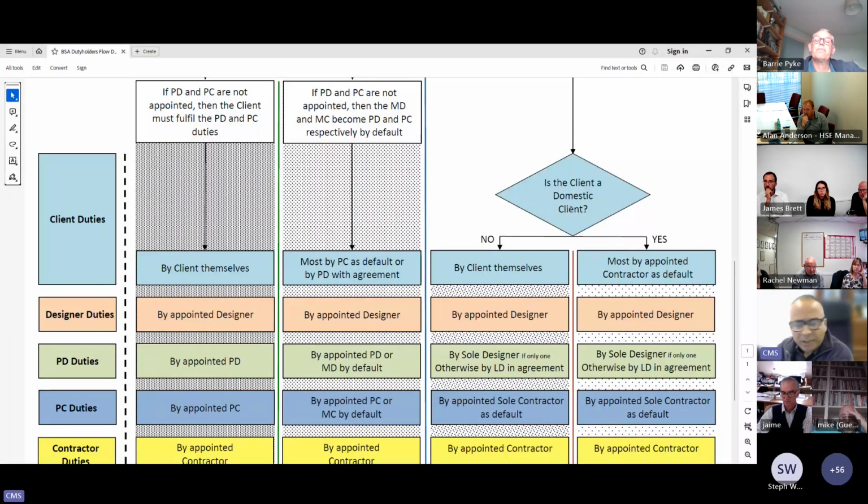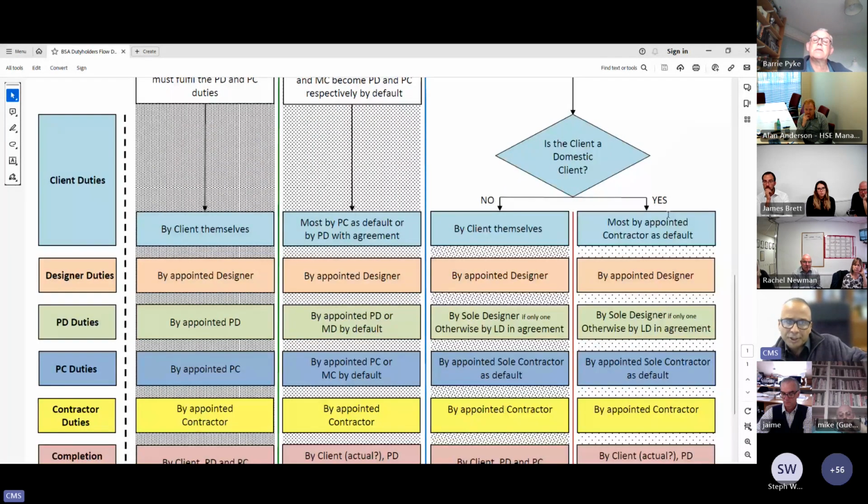We are saying yes. So I'm on the right-hand side of the red line in the middle. Now, if the client is a domestic client, most of the client duties will pass on to the contractor by default. Most of them. We said that before. Fair enough. Let's just stay there.